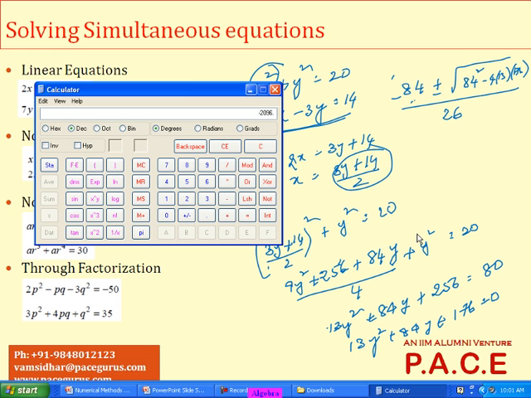So try out minus b plus or minus square root of b squared minus 4ac by 2a. Let's see if we have made any kind of a mistake.